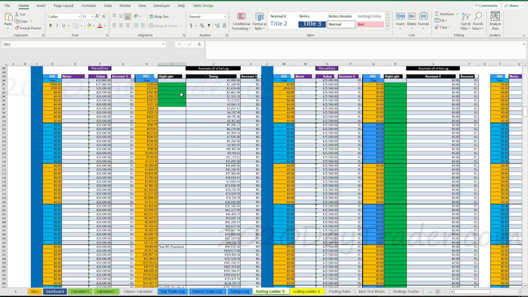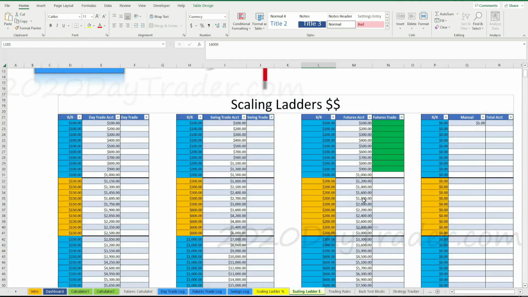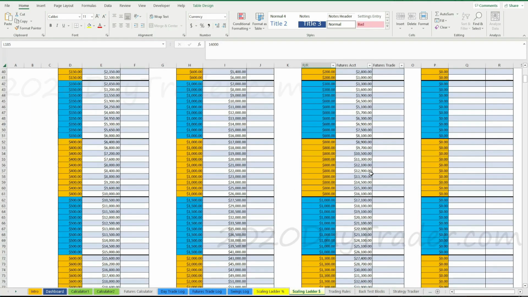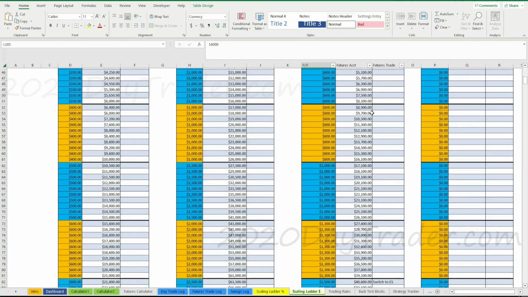So anyway, in the beginning, emotionally, it's pretty tough because the account's growing so slowly. But at the same time, if you get into a trade and you're nervous and freaking out and sweating, it might be because you have too much on the table. If I'm risking $1,000 per trade in a future scaling ladder, when I'm risking $800 a trade once I've got 11,000 in my account, it's going to feel a little bit scary.